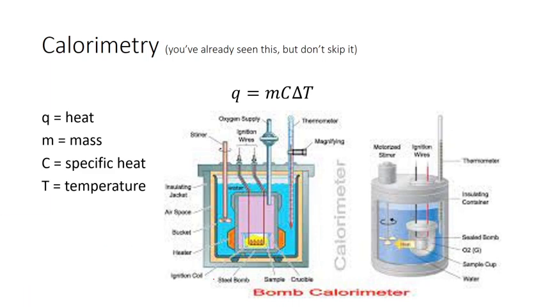So essentially what happens is you have a reaction chamber, which in both of them tends to be sealed. You have something that ignites your sample, right? So we're usually burning the sample. You have water surrounding it, and you have something to take the temperature of the water, a thermometer.